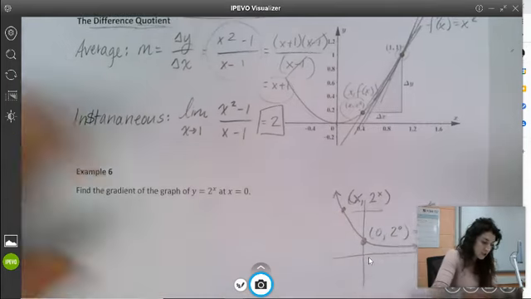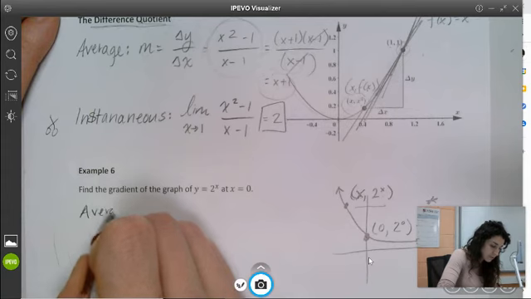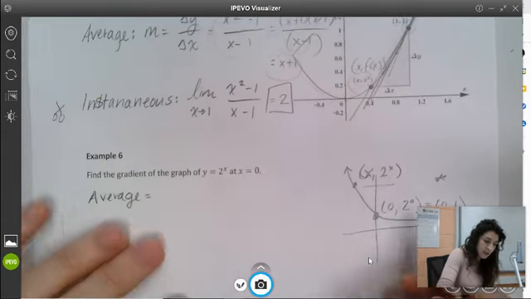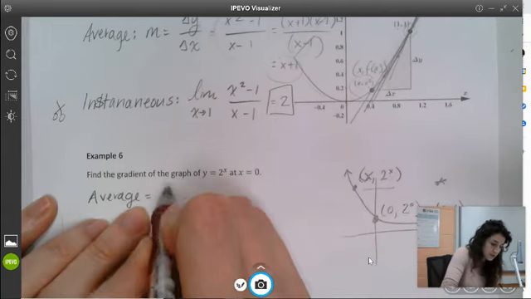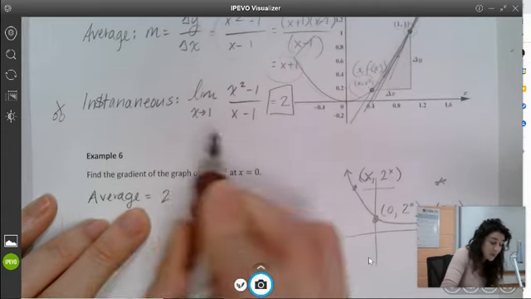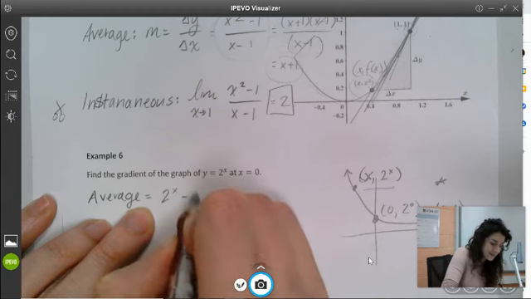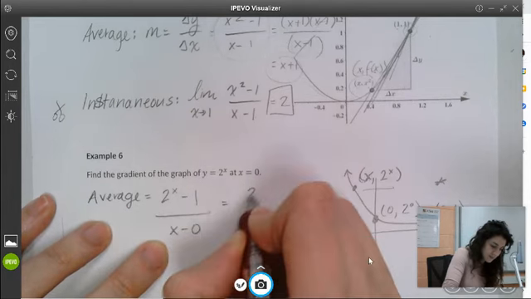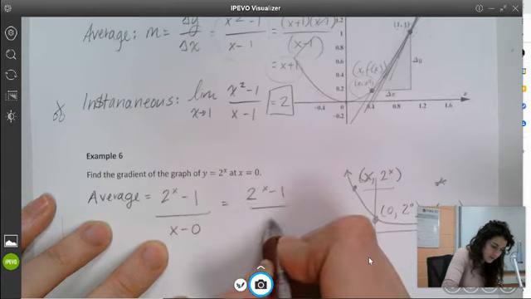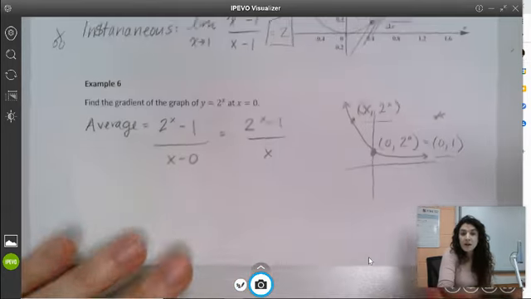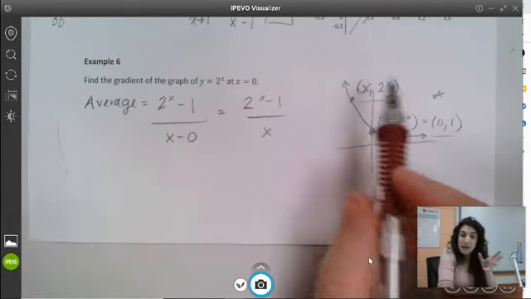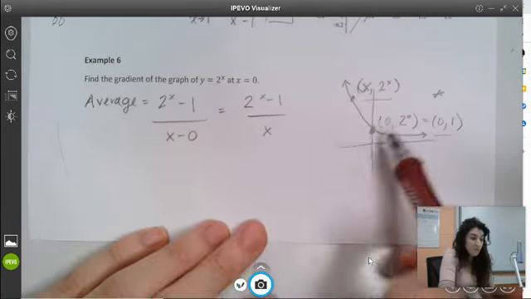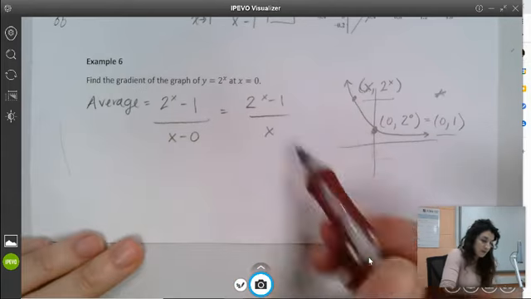So now we have this information, so we can talk about the average rate of change. Your average rate of change is the difference in your y values over the difference in your x values. So that would be your average between any one point and this point right here, 0, 1.